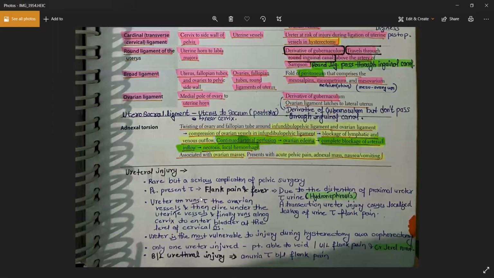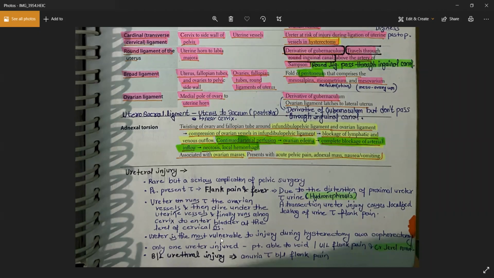The patient will be having flank pain and fever. Because of a blockage, the patient will have distension of the proximal ureter. Hydronephrosis will be there. And if a transection happens, then it will lead to complete leakage of the urine and flank pain.